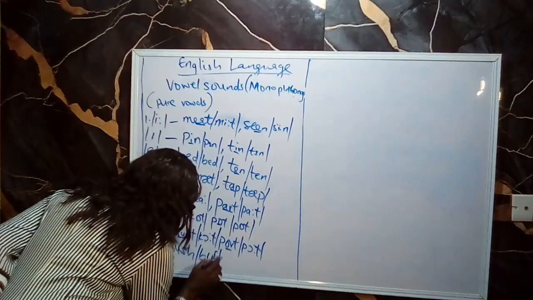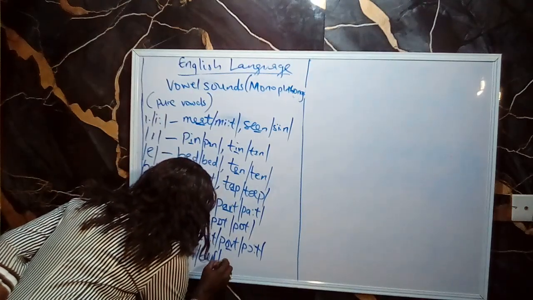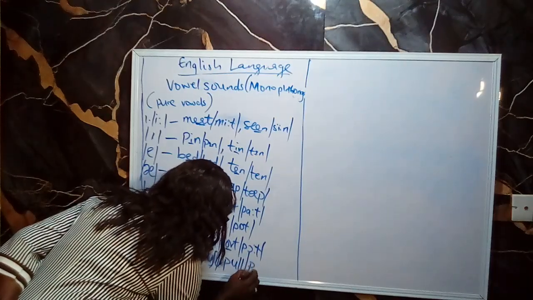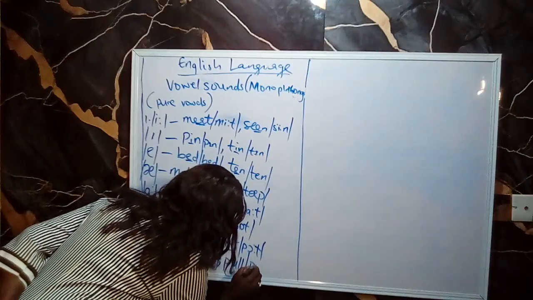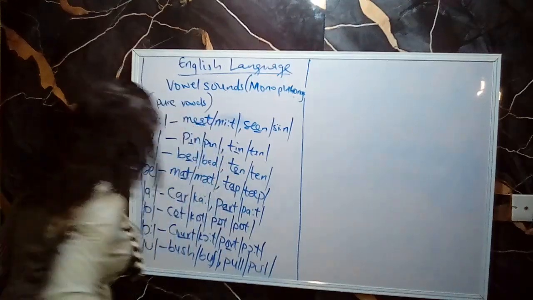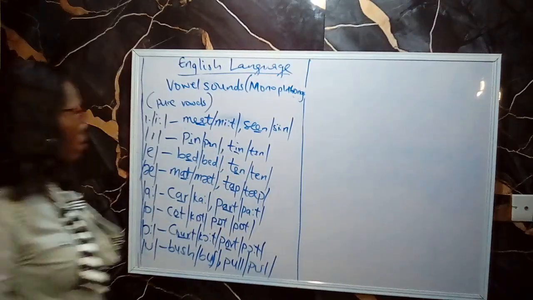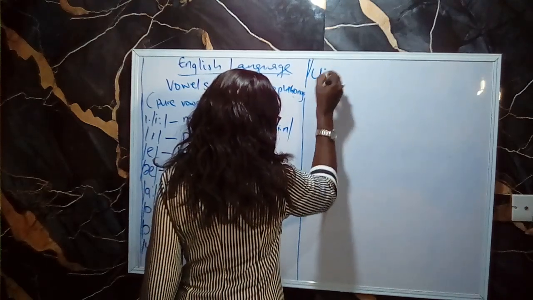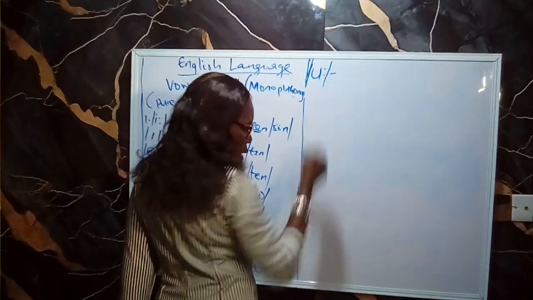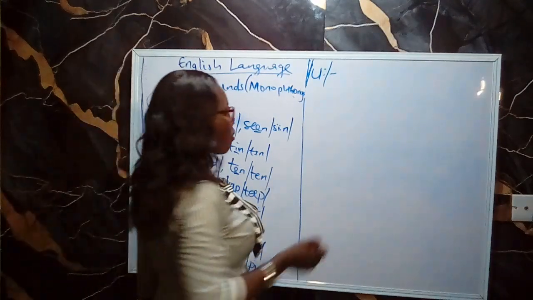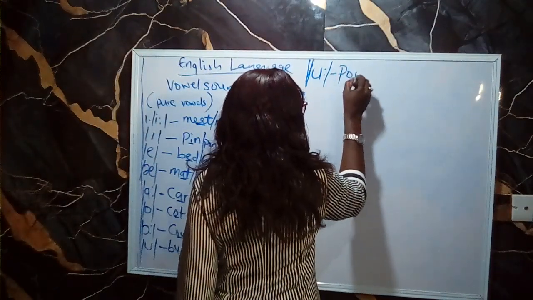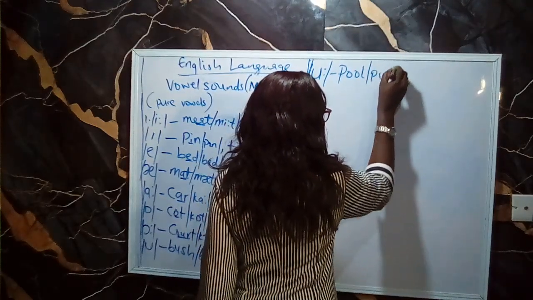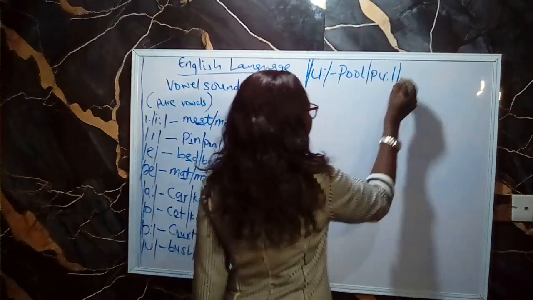And then the next one is pole. Then let's go to the next one. That is the long one, under which we have poo. We also have foo.